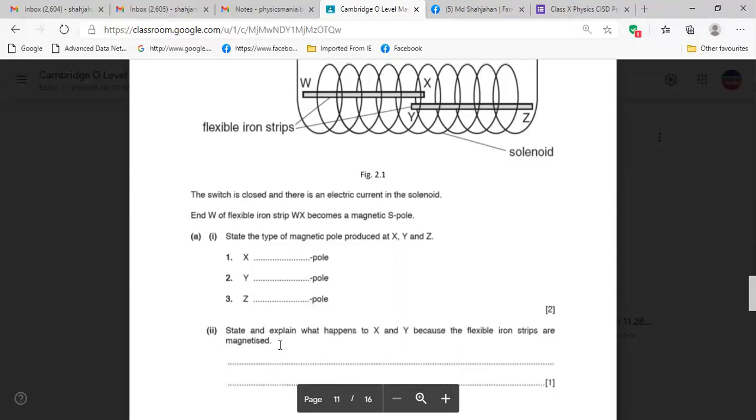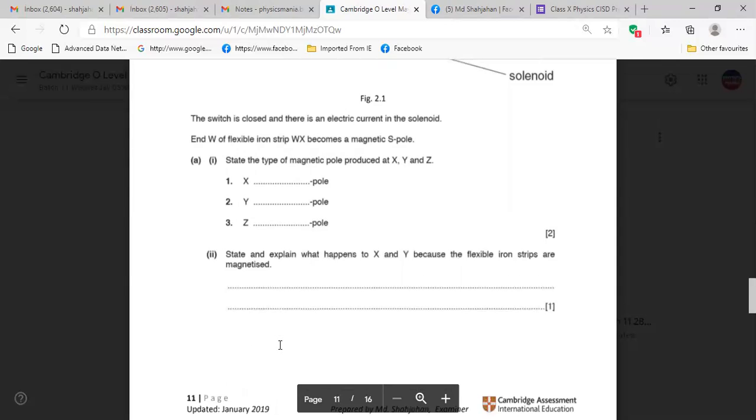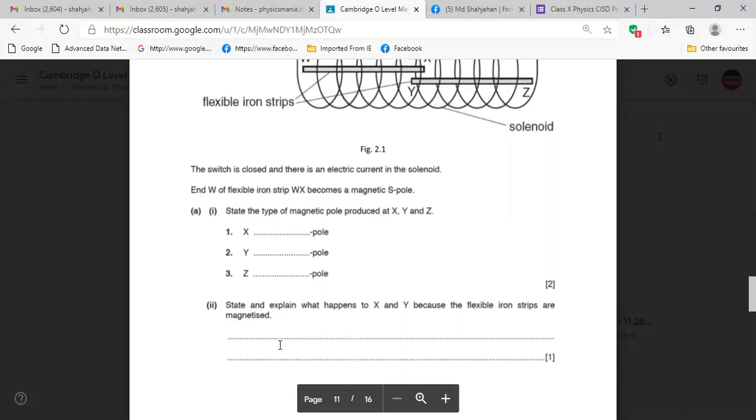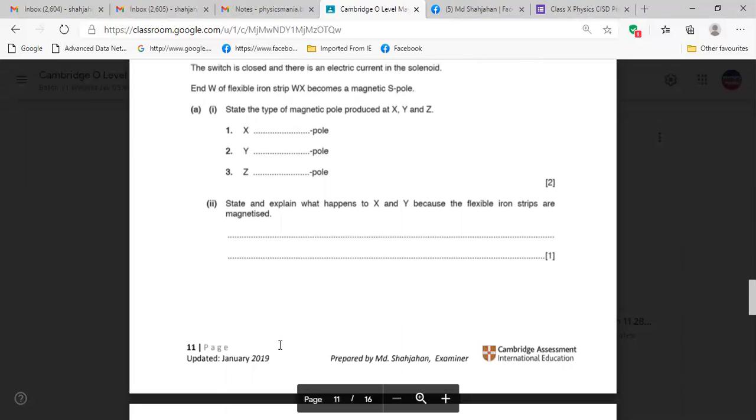Yes, sir. Very good. Then next, state and explain what happens to X and Y because the flexible iron strips are magnetized. What happens? They attract each other. X and Y will attract each other, right? Yes.